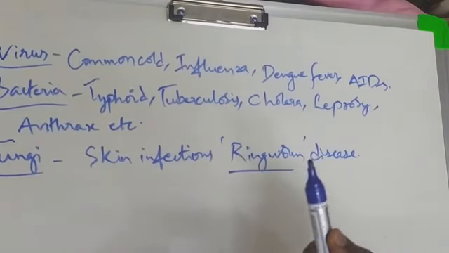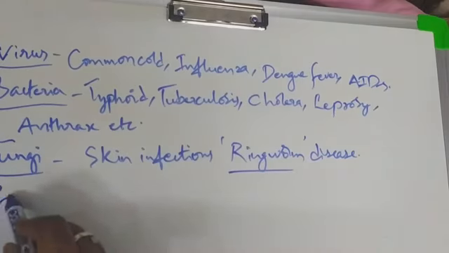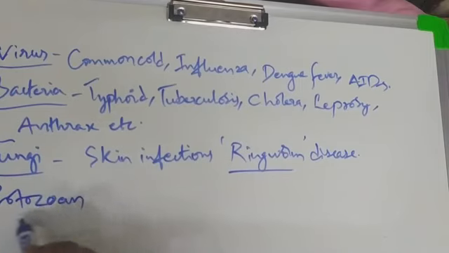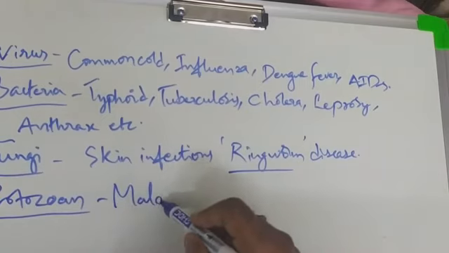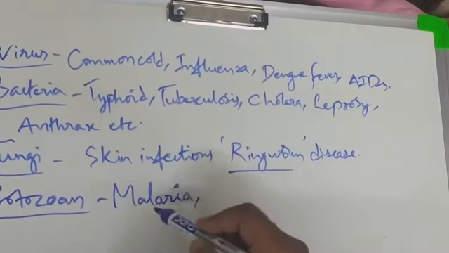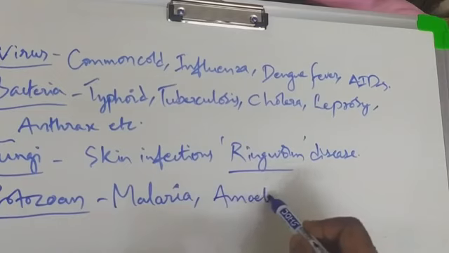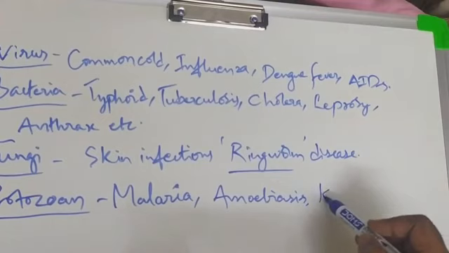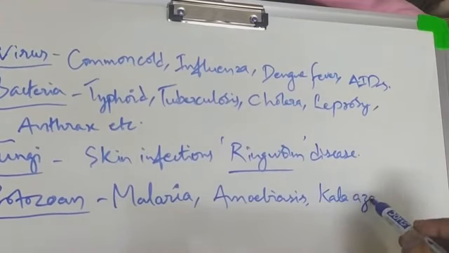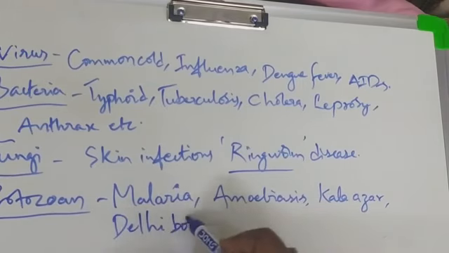There are some protozoans that cause diseases. What are the main ones? Malaria is caused by a protozoan, Plasmodium. Next, amoebiasis, kala-azar, and Delhi boils. These are all various protozoan-associated diseases.